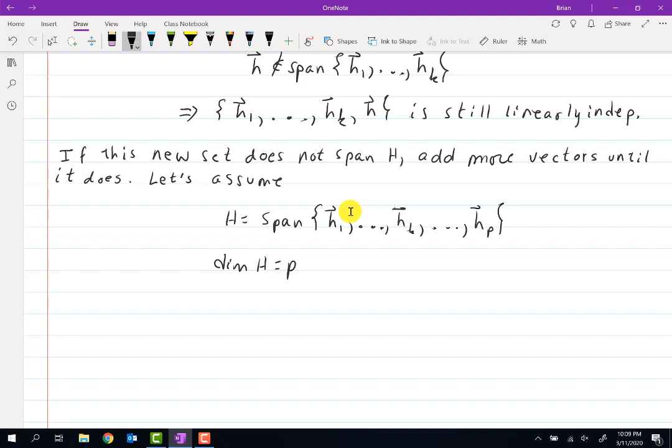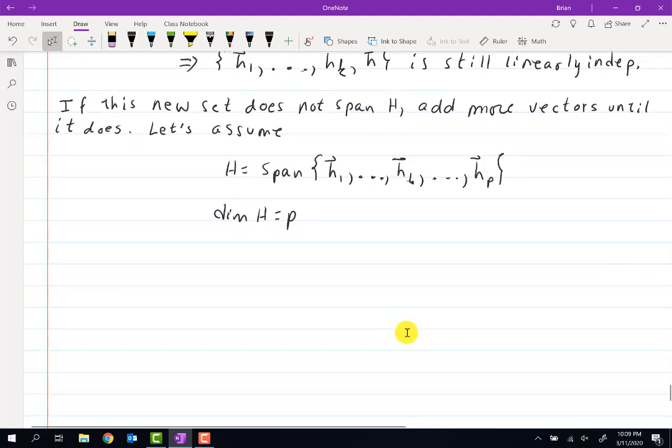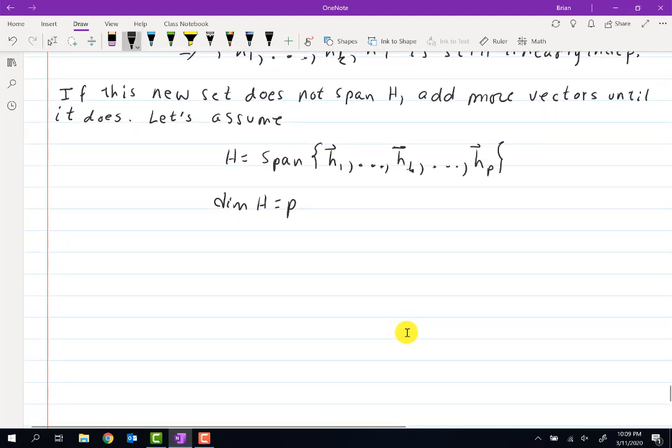Well, clearly that's going to be less than or equal to the dimension of V, since all of those h vectors are also in V. So we can play the same game. The set h1 up to hp is a linearly independent set in V.